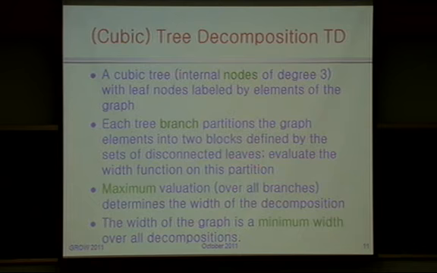width parameters. We have tree decomposition and the cubic tree with internal nodes of degree 3, and leaf nodes are labeled by elements of the graph. I use nodes and branch just so that there's no confusion.